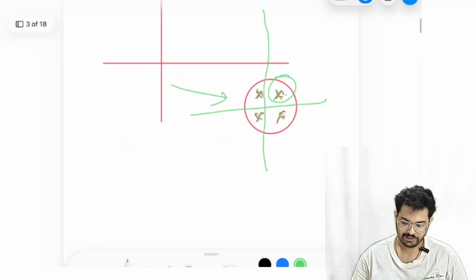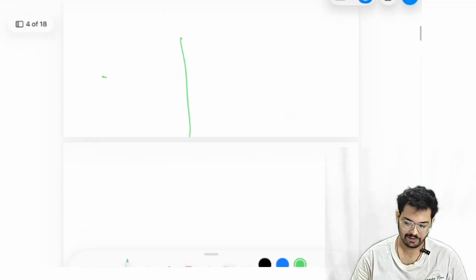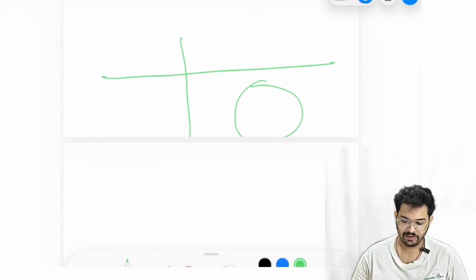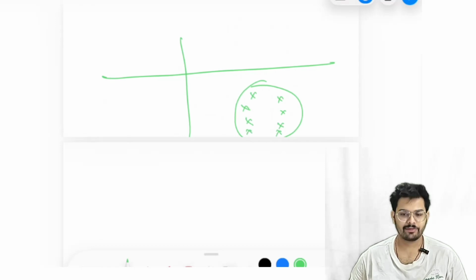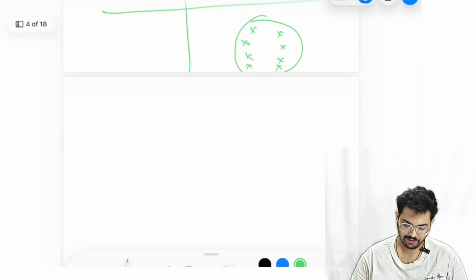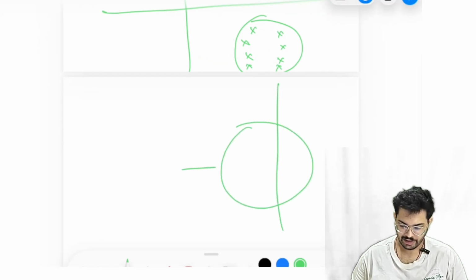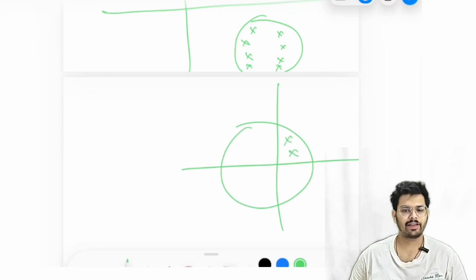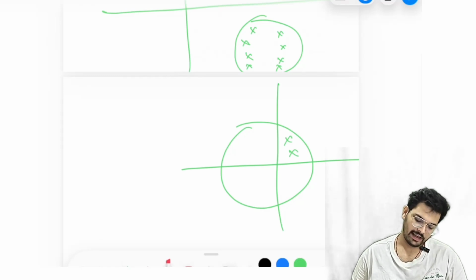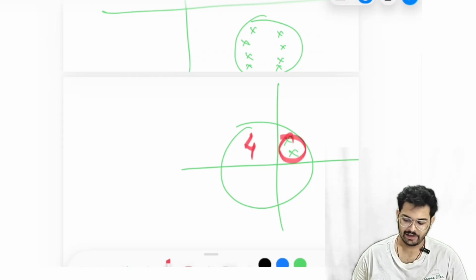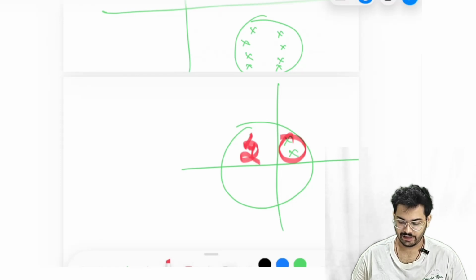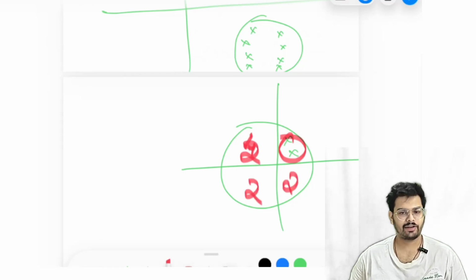Suppose this is a scenario of a circle where you need to get 8 points which satisfy some specific condition. Now, if you shift the origin to that point and you observe that a pair of points lie in the first quadrant, then automatically another pair of points will be lying here, another pair here, and another pair here.